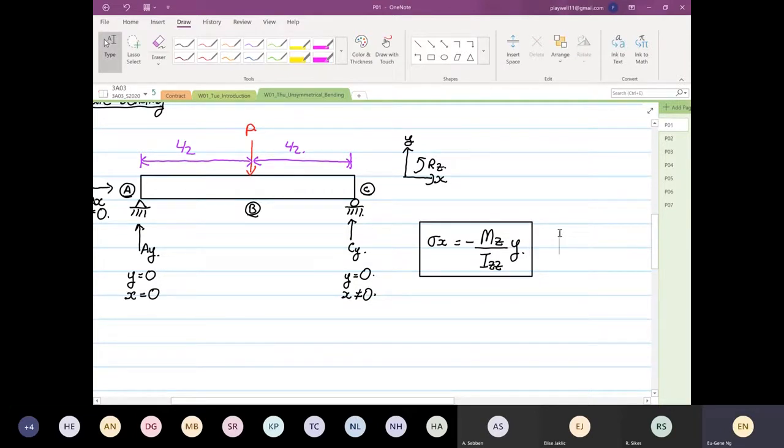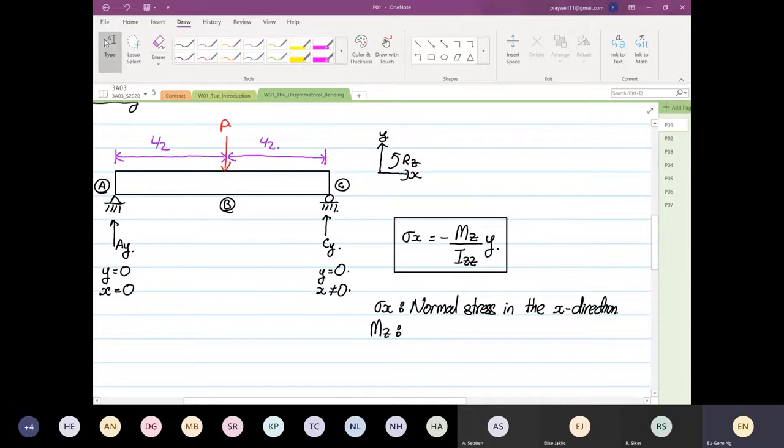So stress X is this normal stress in the X direction, and then you will have Mz, the applied moment in the Z direction.